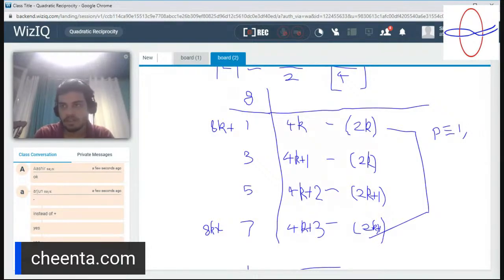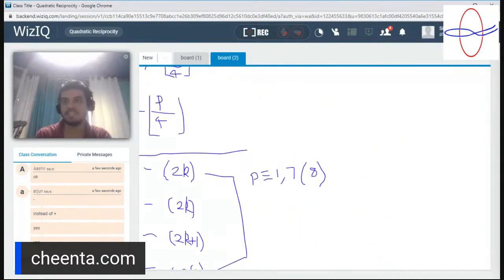So an alternative way to write this would be, in both of these cases, (p squared minus 1) over 8 is congruent to 0 mod 2.